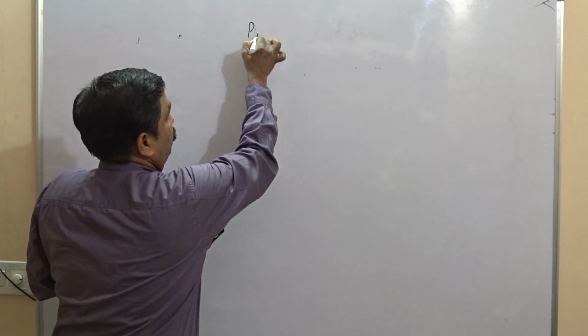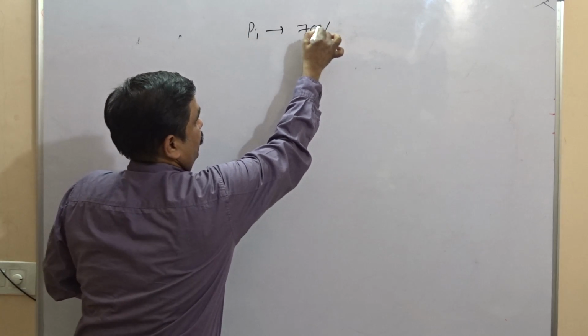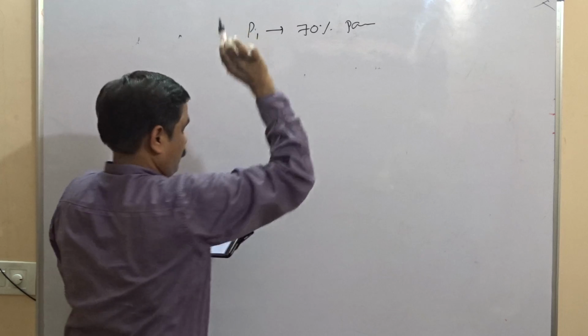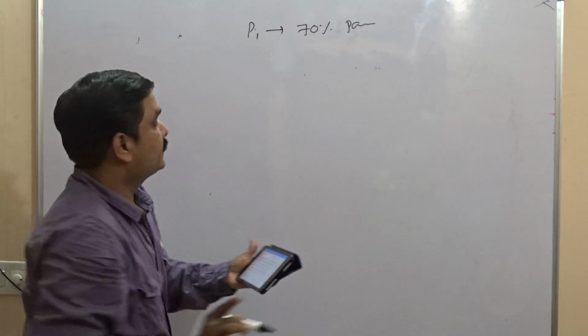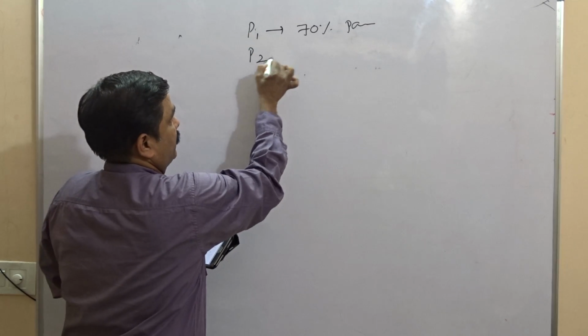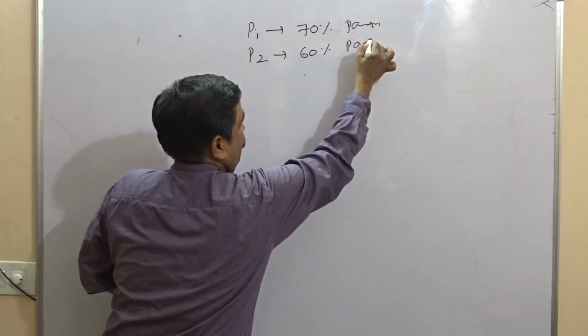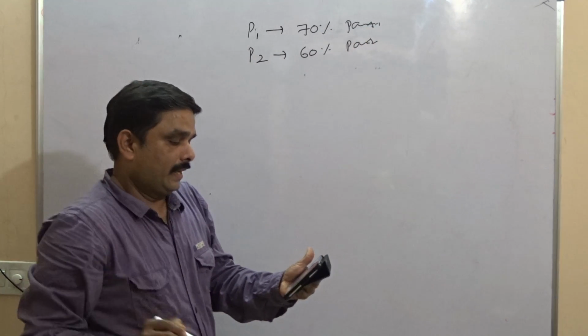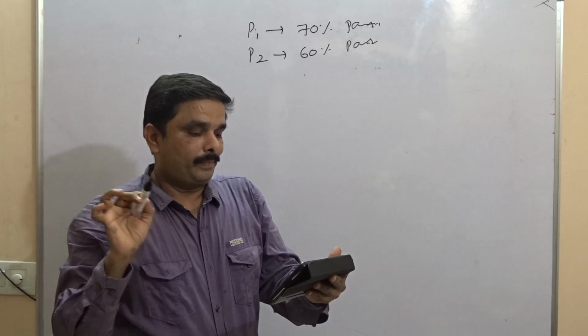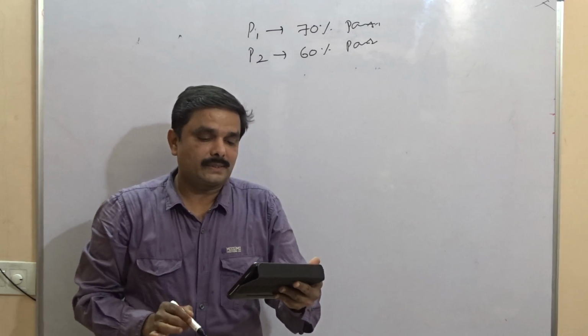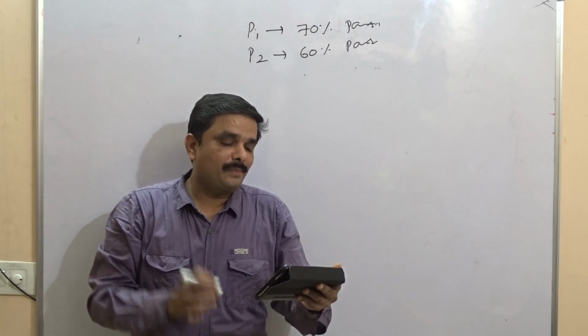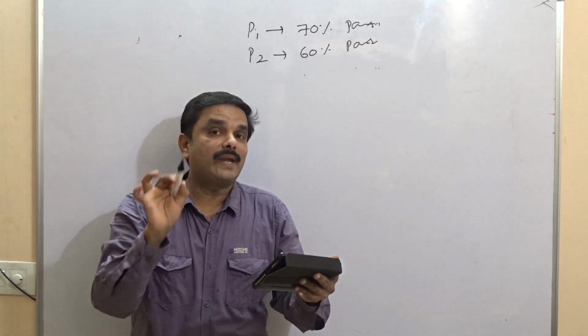And in paper 2, 60% of the students passed. Then they have given that 15% of the students failed in both.